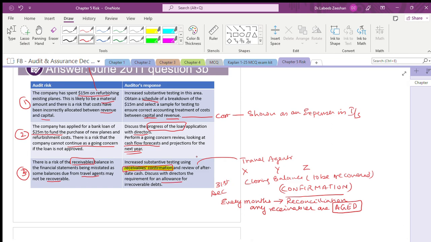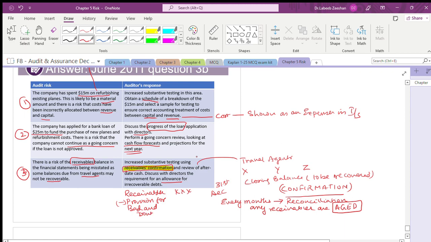If you remember rightly, you will have receivables, some amount will be there. You will have a provision in accounting, the provision for bad and doubtful debts.